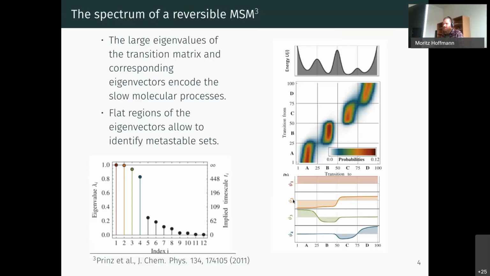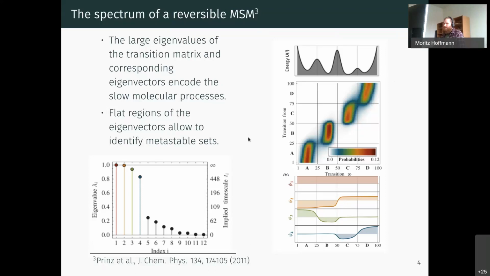So here we can see this psi2, which would correspond to a jump between the left 2 states and the right 2 states, so crossing the big barrier. And then we have psi3 and psi4, which are the 2 smaller barriers.